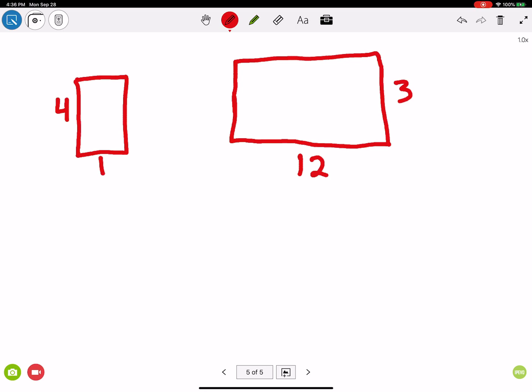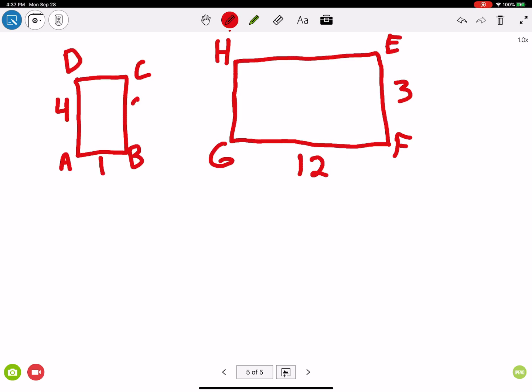I'm going to call this A, B, C, D. And then I'm going to call this E, F, G, H. So when I'm referring to corresponding sides, and actually let me fix this so that this makes even more sense.